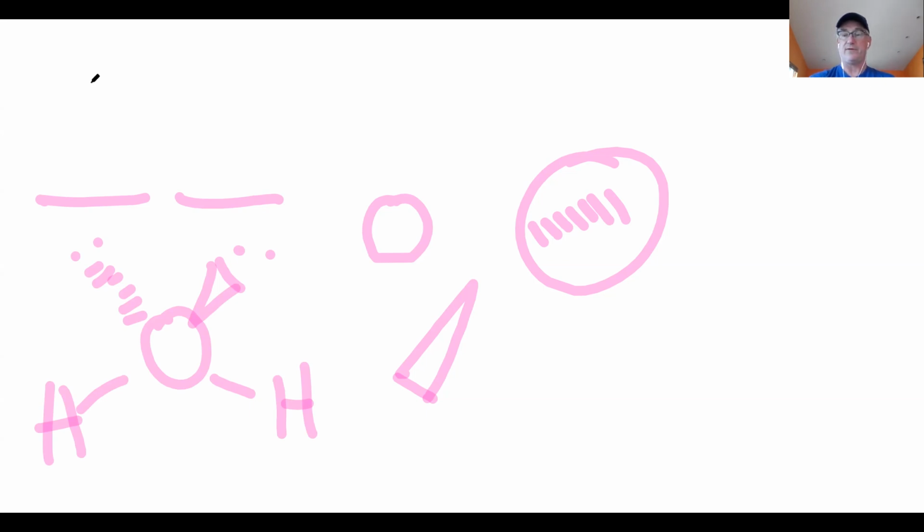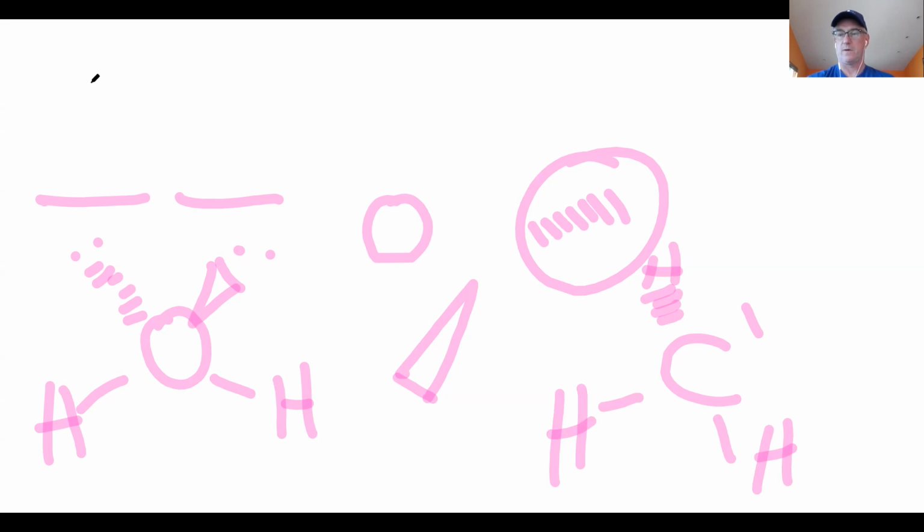For instance, if I have methane, I draw methane like this. That tells me that one hydrogen is coming out at me, one hydrogen is going back, and the other 2 hydrogens are in plane.